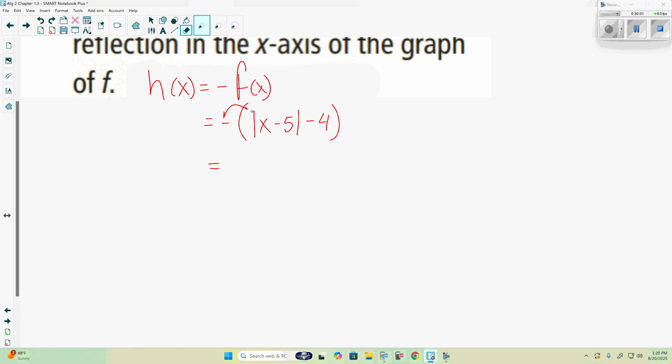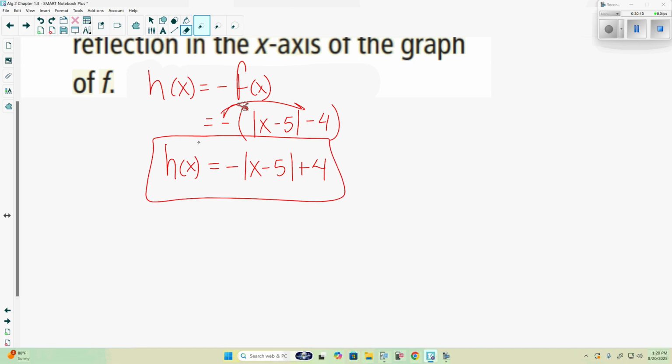And just like before, we're going to distribute the negative through, which will give us negative absolute value of x minus 5, and the negative 4 is going to become positive 4. Questions on this here? Are you ready for the next one?